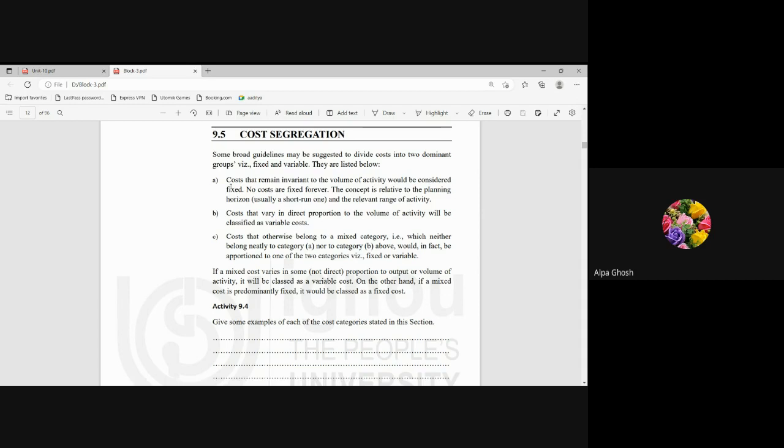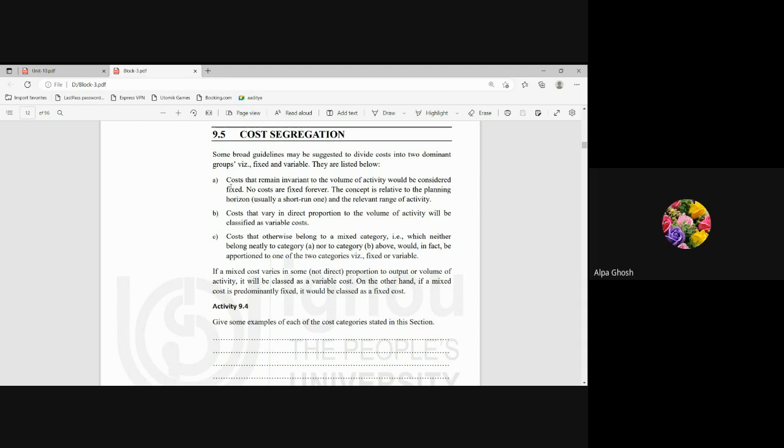With the change in the volume, the cost also increases and decreases in proportion. But when we talk about fixed cost, whether you are producing 1 unit or 10 units or 100 units or 1000 units, the cost remains the same. You can take the example of a salary.